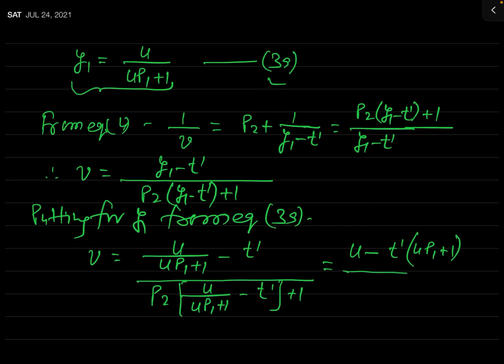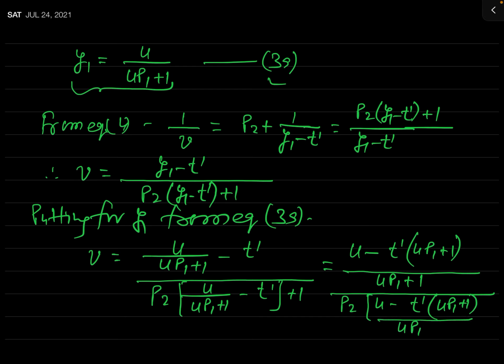I think you are getting the things. This is a simple calculation: over u p1 plus 1, and the whole divided by p2 times u minus t prime times u p1 plus 1, divided by u p1 plus 1, and plus 1.